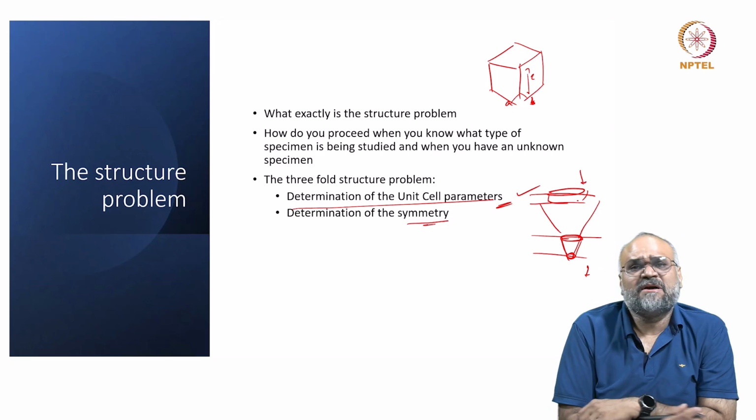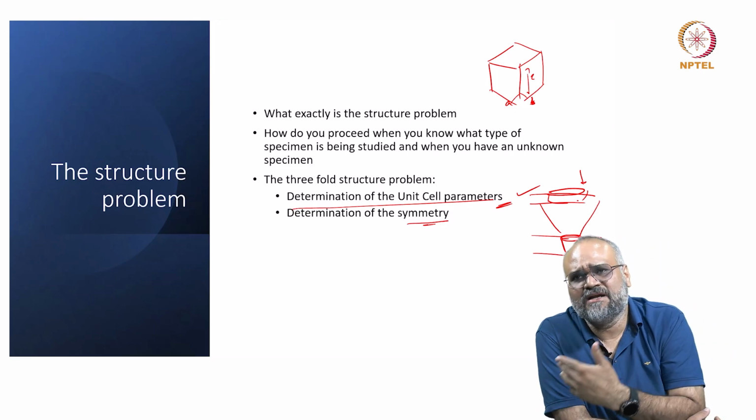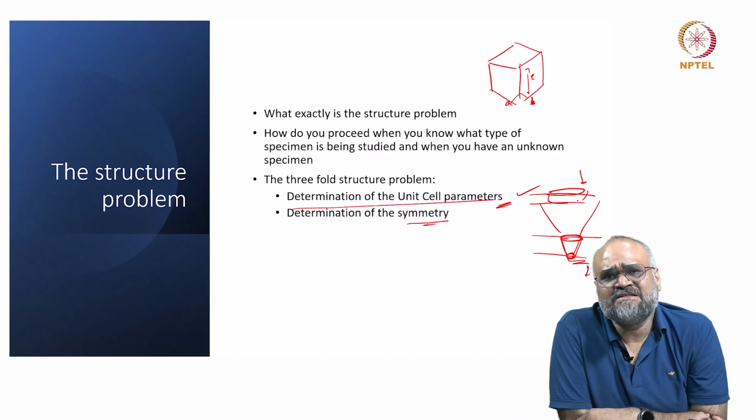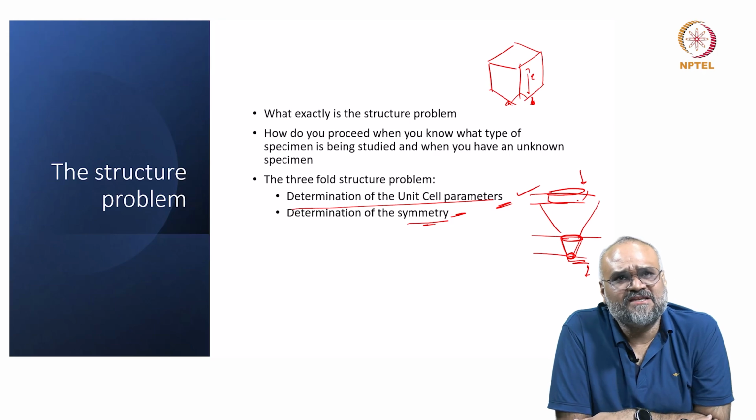Here I typically end up getting a spot pattern. Let us understand this in a little more detail as we go along. So, from this kind of convergent beam electron diffraction study, I can actually determine the symmetry as well.